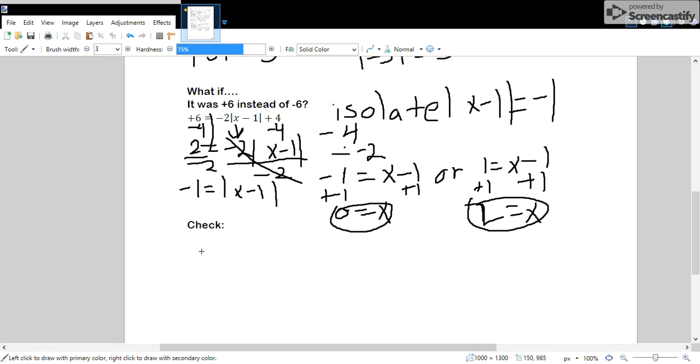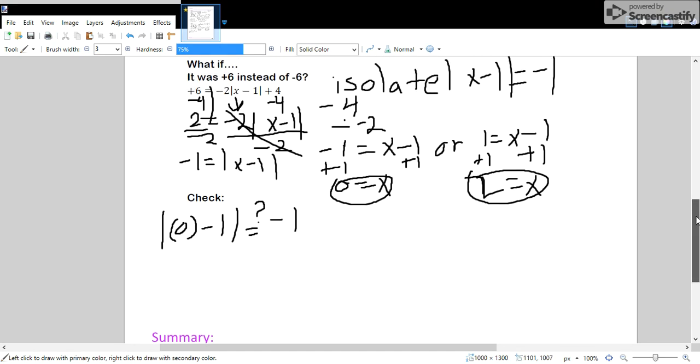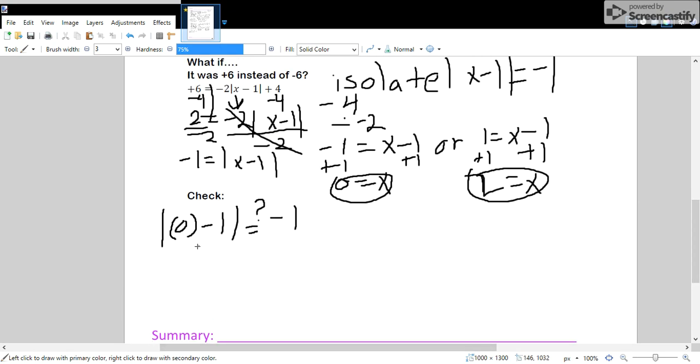Okay, let's check these to make sure that they are right. So, let's use the isolated equation. Plug in 0 first. So we have absolute value of 0 minus 1 equals -1. Now, 0 minus 1 is -1.